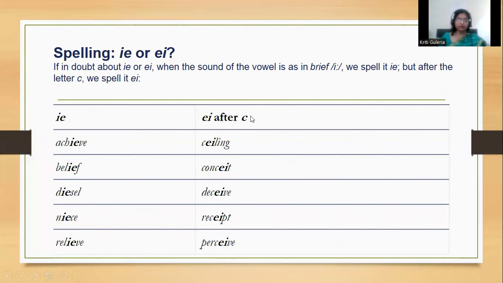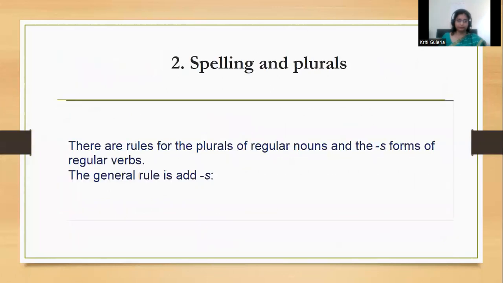So always remember that with C, the spelling will always contain EI just after C, whereas with other consonants, it will be IE. Okay, so this is in-between spelling that we are talking about. So we had discussed prefix, suffix, and in-between spelling ideas. Correct? Next, we move on to the second criterion, that is spelling and plurals.